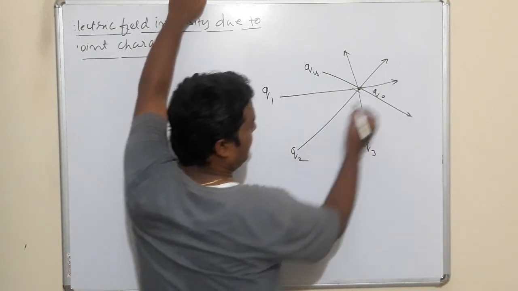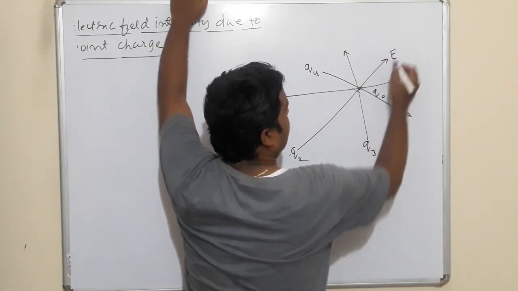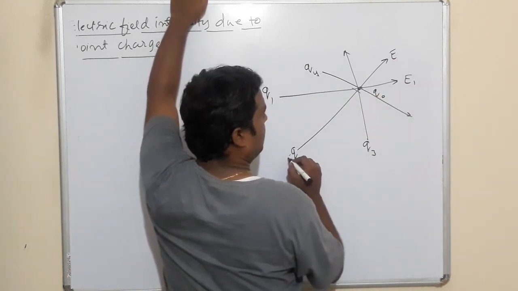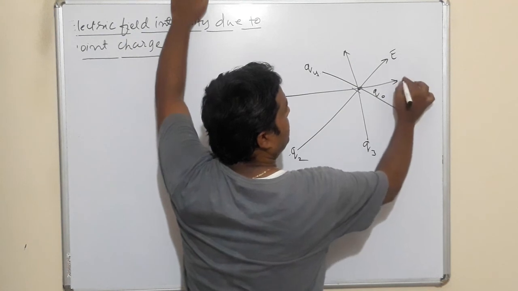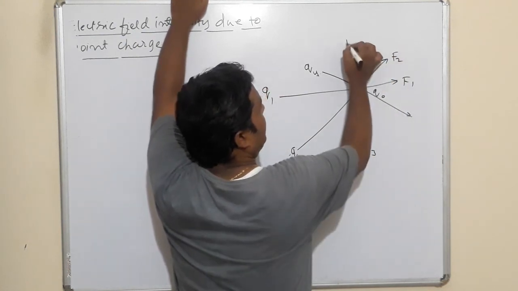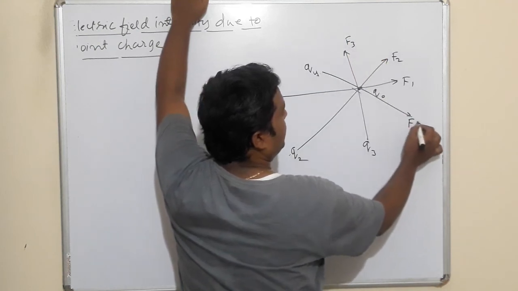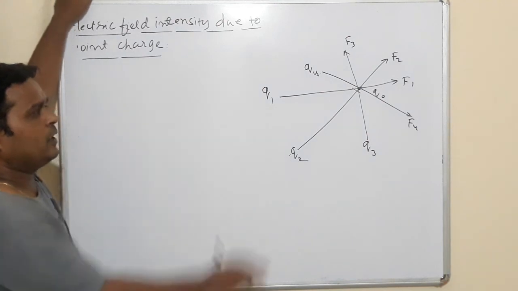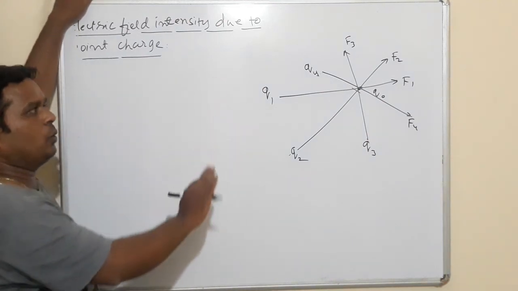That means these are the forces exerted by Q1, Q2, Q3, Q4 on Q0. Then we will take the total force and divide it by Q0.